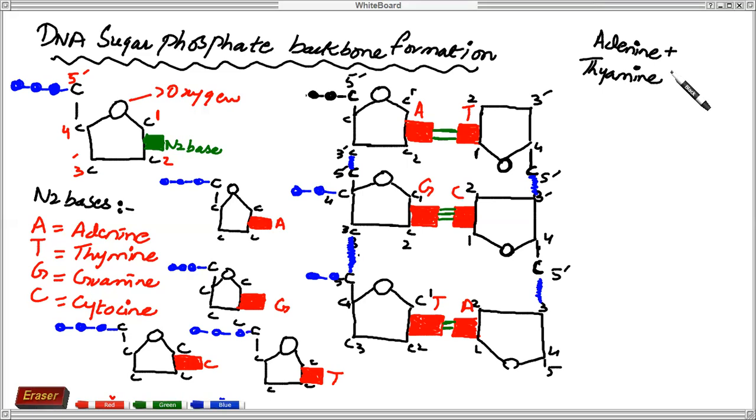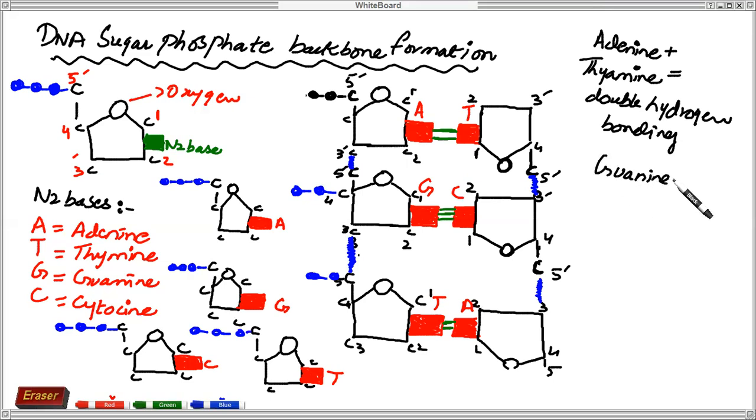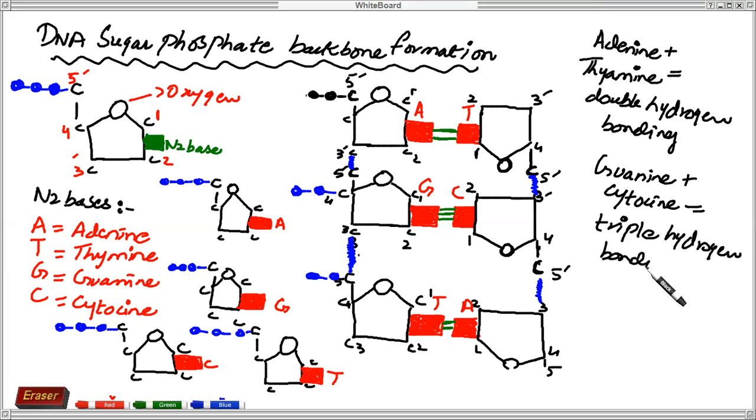Adenine plus thymine, double hydrogen bonding, or guanine and cytosine, triple hydrogen bonding is there.